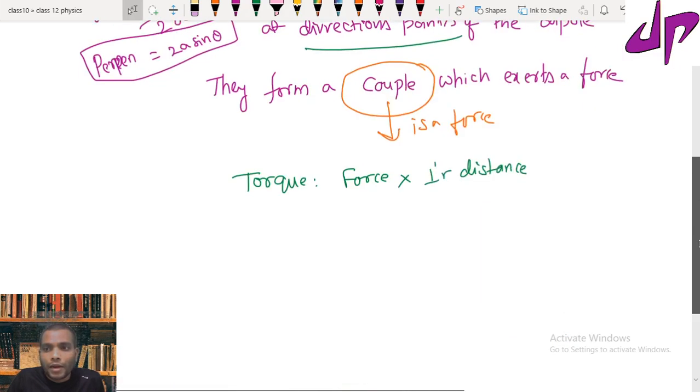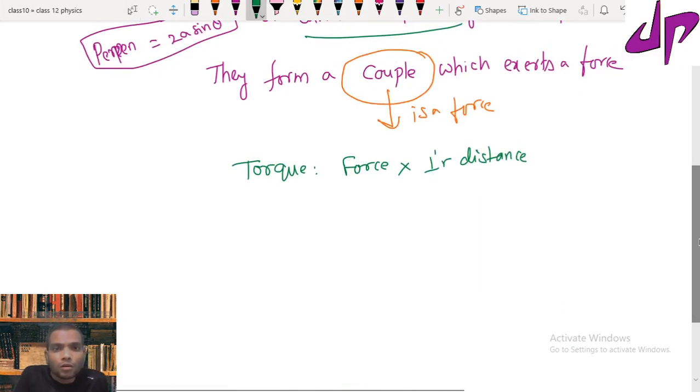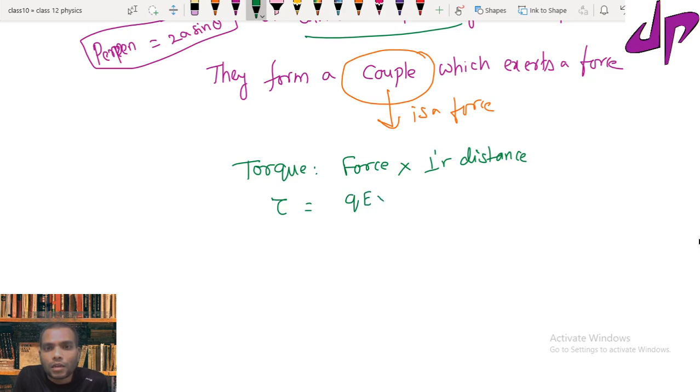Now we can find the torque formula. Torque equal to force, Coulomb force QE, times perpendicular distance, which is 2a sin theta.